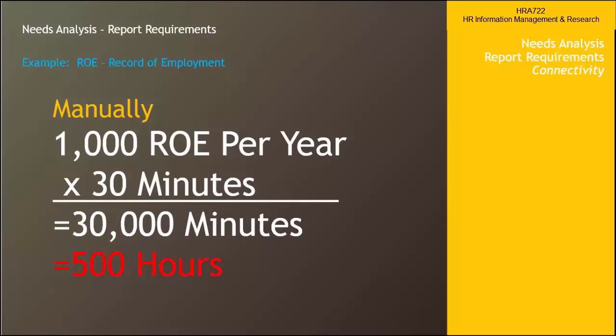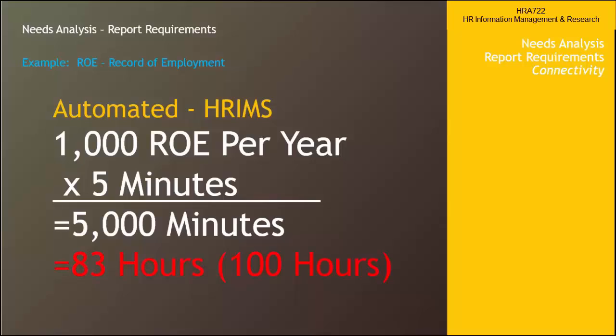So every time one of our contract faculty leaves, the contract is finished, semester is over, we have to give them an ROE. Now imagine you're doing 1,000 of these a year at, let's say, an average of 30 minutes, right? That's 30,000 minutes. And if you divide that by 60 minutes in an hour, it comes up with 500 hours. So technically we could save close to 500 hours. Now, let's say you get an HRIS that has a record of employment built in.